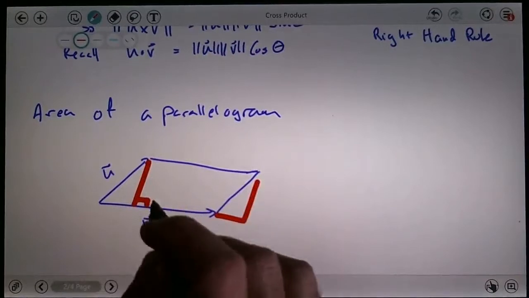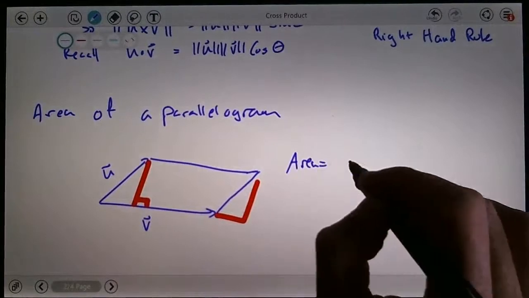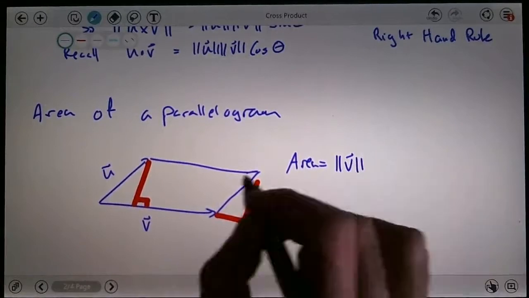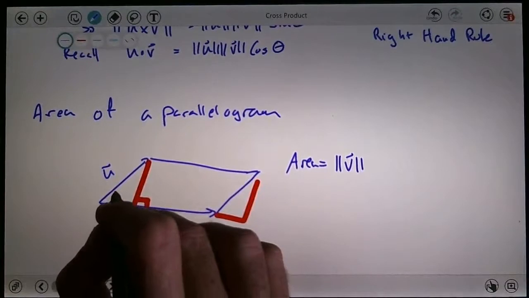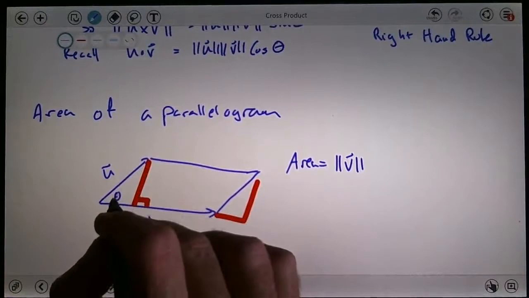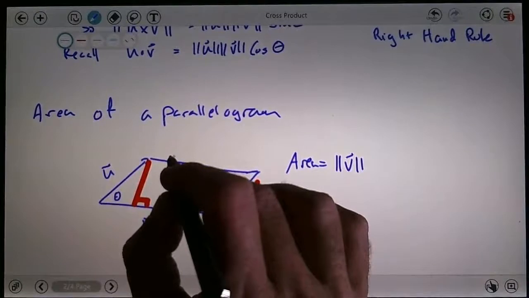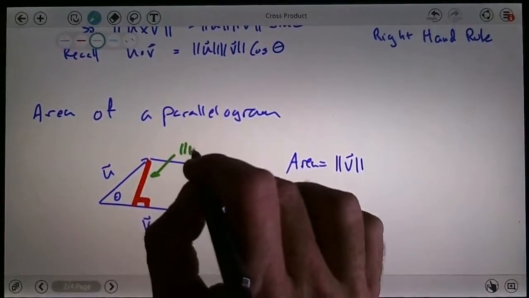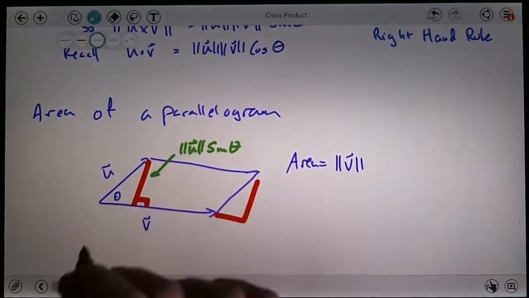So the area here, let's go back to blue, is going to be the length of the base, which is the length of v, times this height here. Well, to calculate the height, I would need to know this angle right here and that hypotenuse. Well, I know the length of the hypotenuse. I know this side. I need to find the opposite side. So I need to find that length, which is the length of the hypotenuse times the sine of the angle in between, the sine of that angle right there, right?